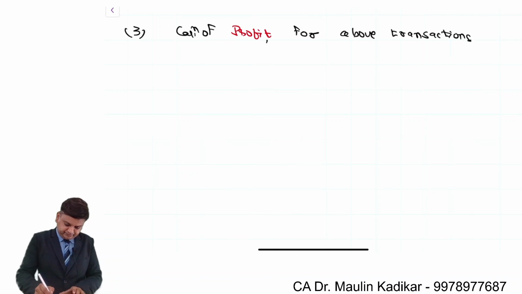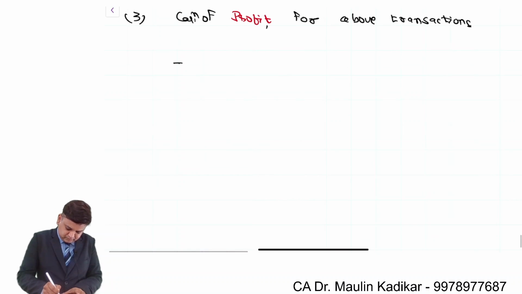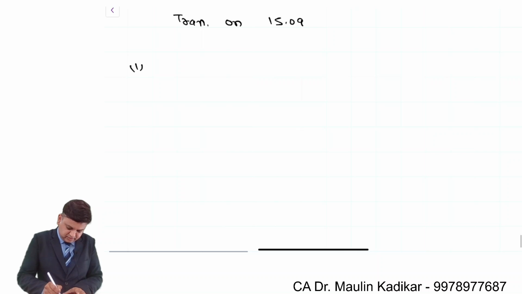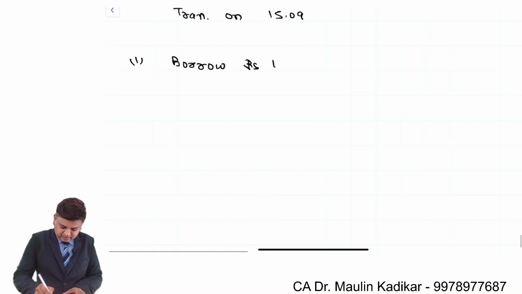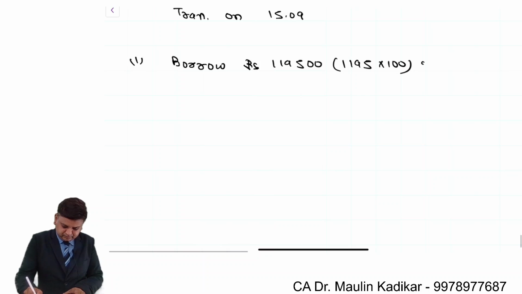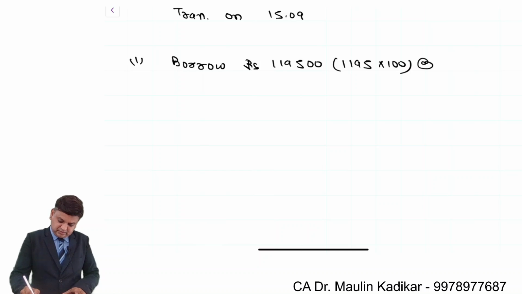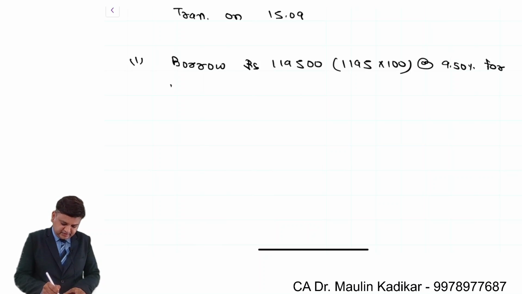Write down, transactions on 15th of September. 1. Borrow rupees 1,19,500, 1195 into 100, at the rate of 9.5% for 91 days.